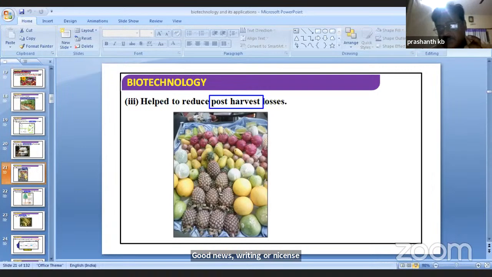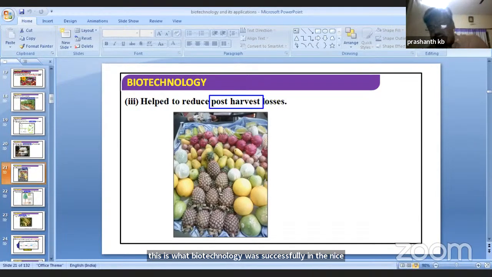In a simple way: the hybrid tomato produced through this biotechnology, if you pluck the light green tomato, will not ripen in 2 days, or even 10 days, because he has delayed the production of ethylene in the tomato for 10 days. After 10 days, it will ripen. So biotechnology was successful in helping to reduce the post-harvest loss. Next.